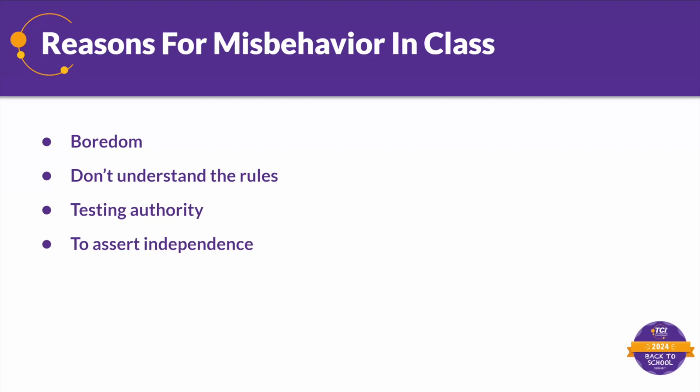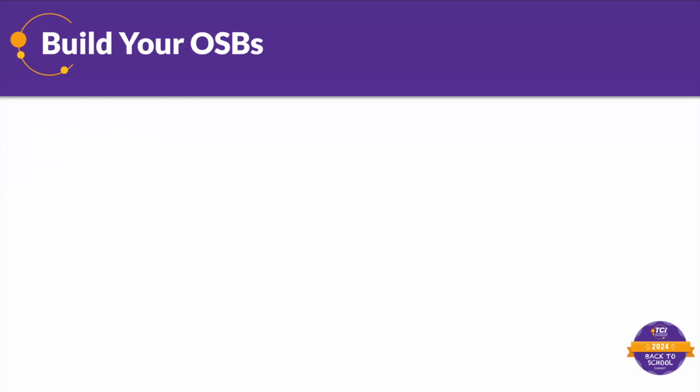And then certain ages assert independence a little more than others. But boredom far and away is the biggest reason there's misbehavior in the class. So engagement is a big deal.